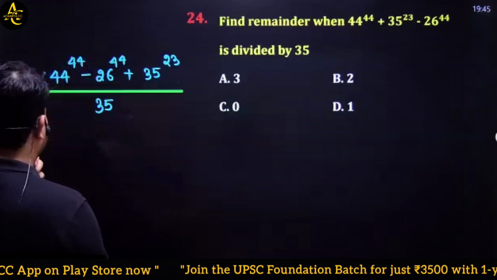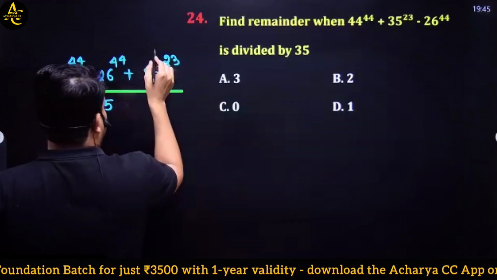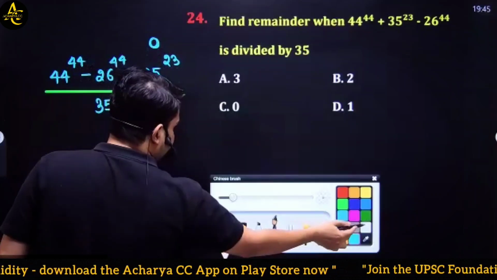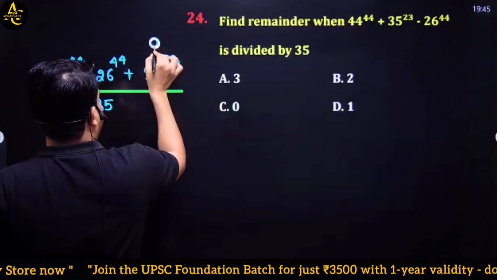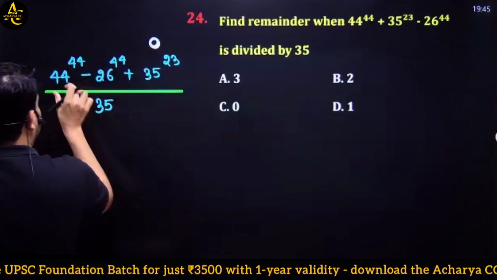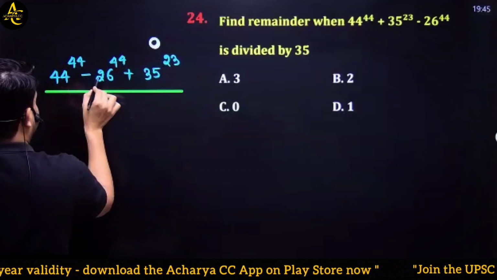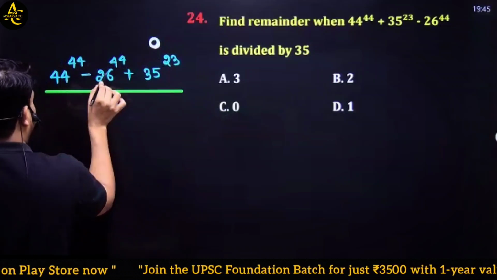See, 35 to the power 23 plus 35. What will the remainder be from there? 0. If the numerator is completely divisible by the denominator, the remainder is 0. Here we have a to the power n minus b to the power n, and here n is an even number. So what are the factors?